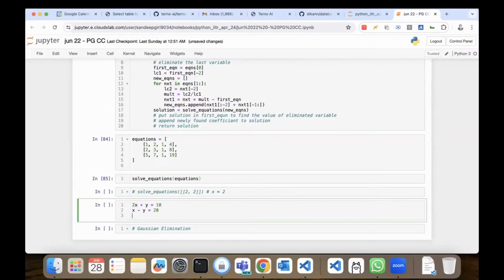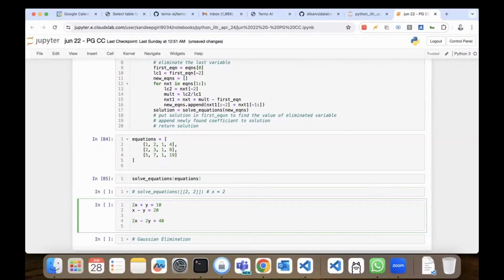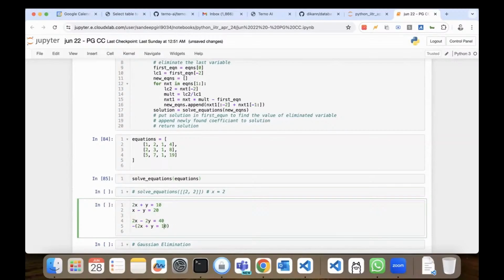Can you eliminate x from it? So you multiply the second equation by 2, so that becomes 2x minus 2y equals 40. The first equation is 2x plus y equals 10, and I can subtract this equation.